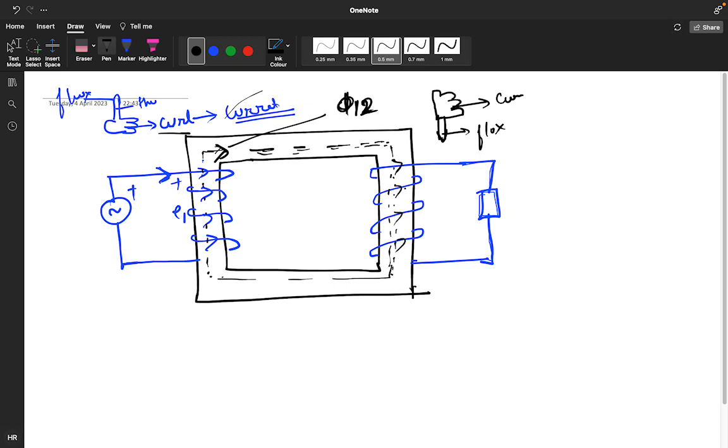But there is a concept of Lenz law. Do you know what Lenz law is? Anyone?